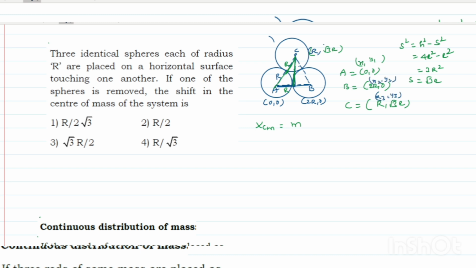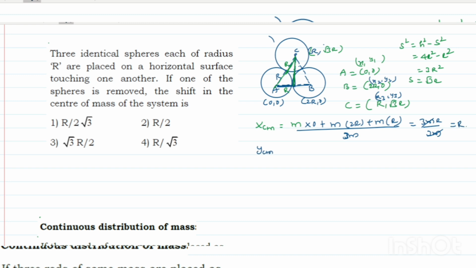So m into 0, plus m into 2r, plus the next mass m into r, by total mass 3m. Which is nothing but m into 2r plus m into r, that is 3mr, 3mr by 3m. Here 3m gets cancelled, and it will be r.